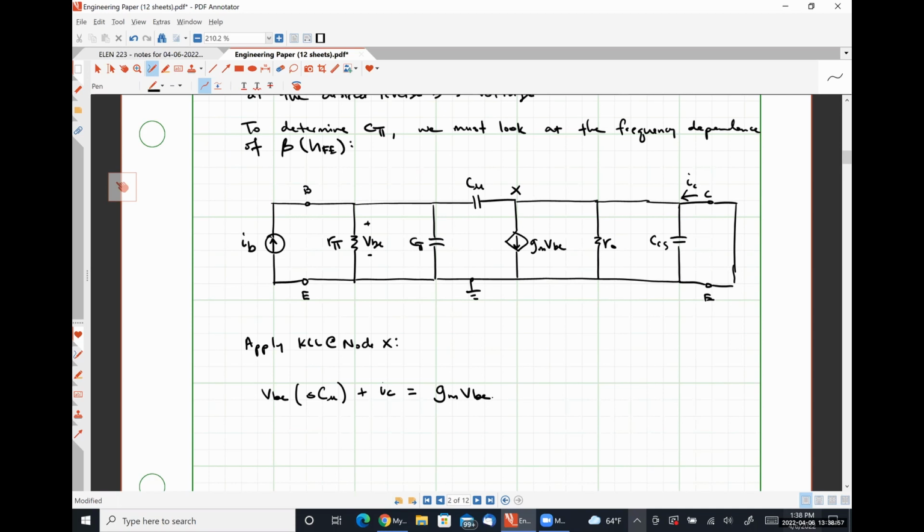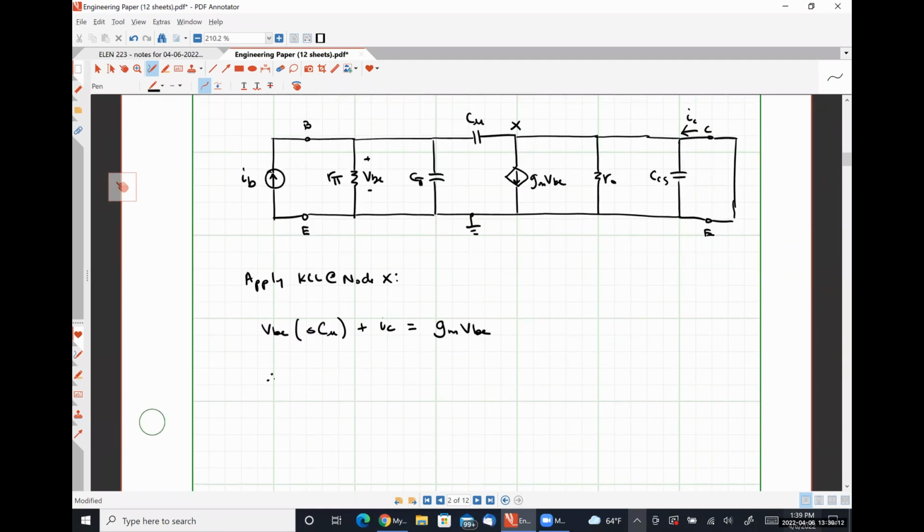All right, so the current flowing in, VBE times S C mu plus IC, is equal to the current flowing out, GM VBE. We can rearrange this and find that our current IC is GM minus S C mu times VBE.